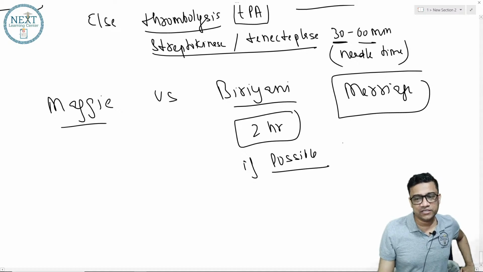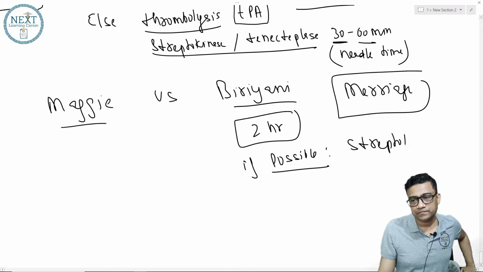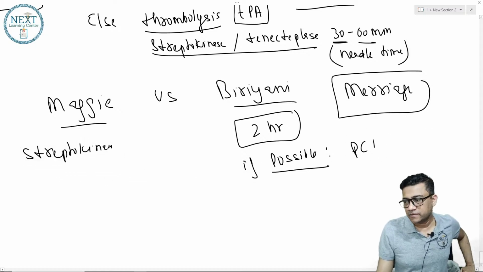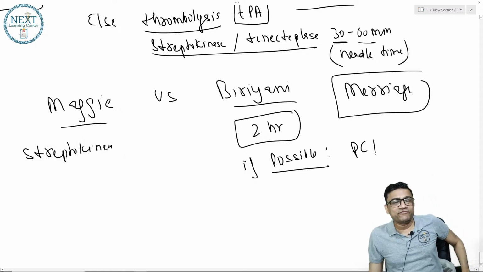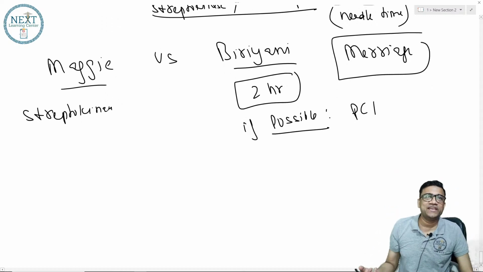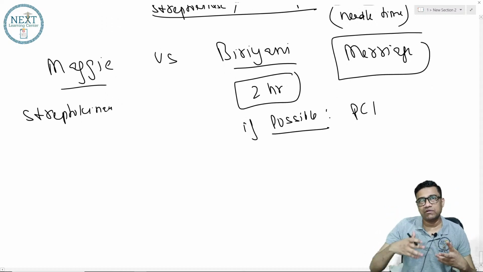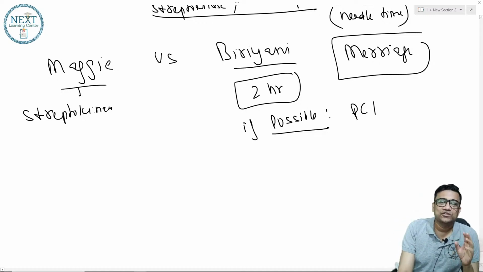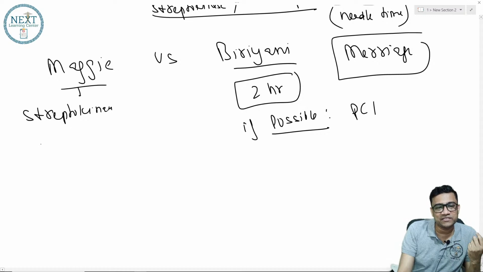That is your PCI. Now, if the time is less, that is biryani cannot be made, there is no utensil, then we'll go for Maggi, streptokinase thrombolysis. So that's why Maggi if time is not there.